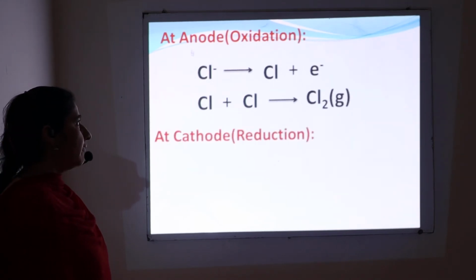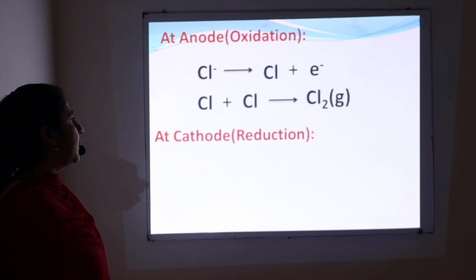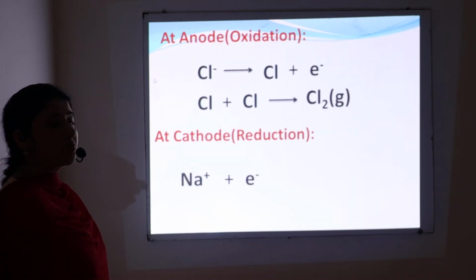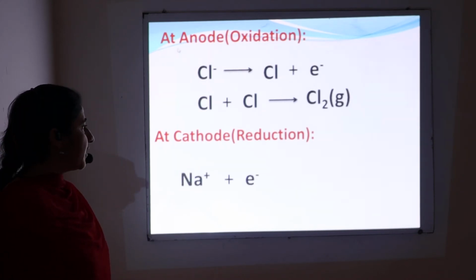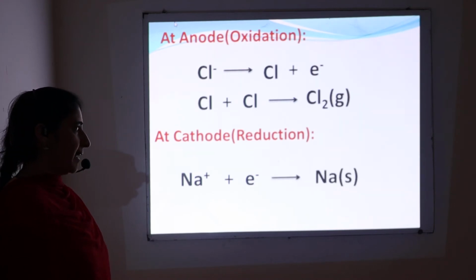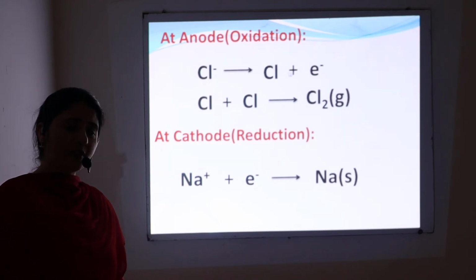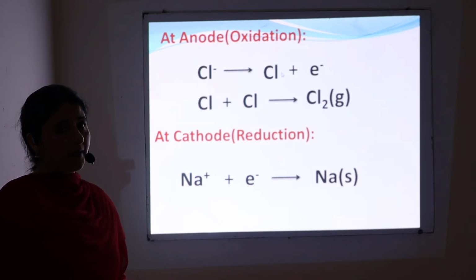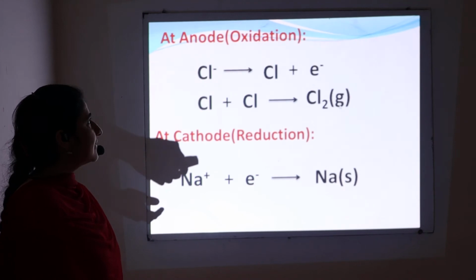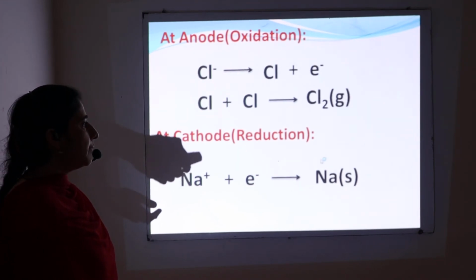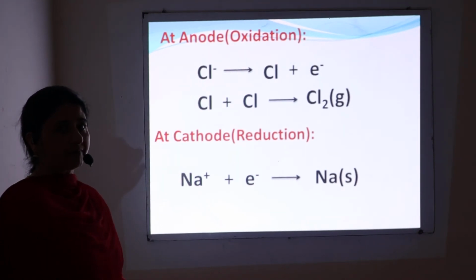Next, at the cathode reduction takes place, that is gain of electrons. Sodium ions at the cathode gain electrons to form sodium metal. Therefore, during the electrolysis of molten sodium chloride, we get two products: number one is chlorine gas at the anode, whereas sodium metal is produced at the cathode.